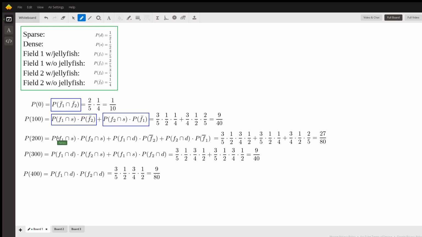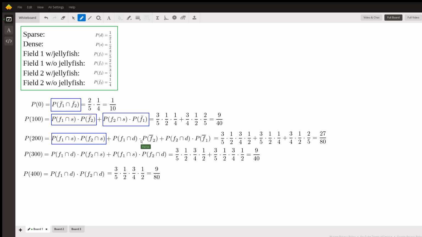How can we make 200? Well, we could have field 1 has jellyfish and it's sparsely populated, and field 2 has jellyfish and that's sparsely populated. That's 100 plus 100. So you have to take all those probabilities, multiply them. Or, that's plus, field 1 has jellyfish and it's densely populated.